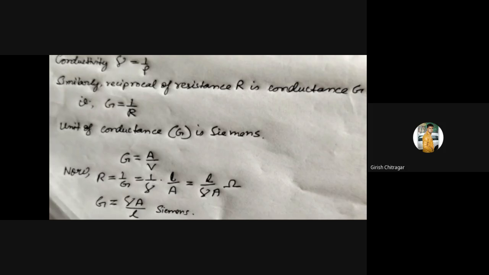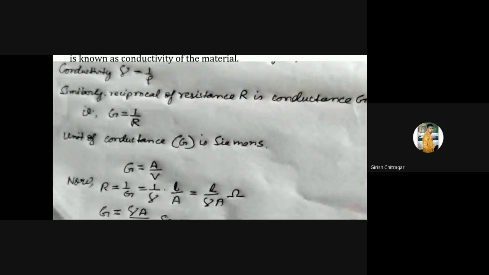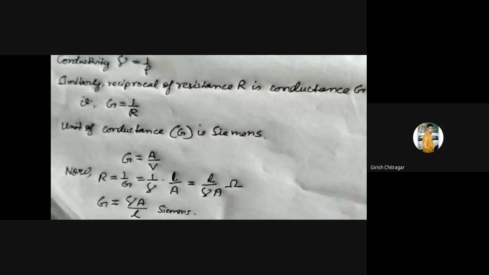Just remember that we saw R is equal to rho L by A, where R was resistance, rho was resistivity. Similarly, conductivity is given by gamma and conductance is given by G, which is the opposite of R. I'm just writing down. Wait.